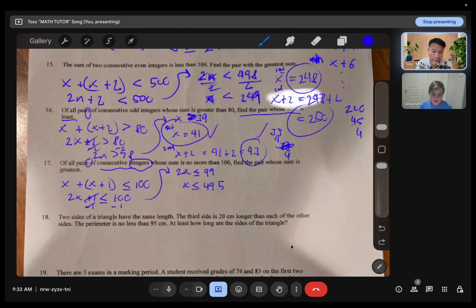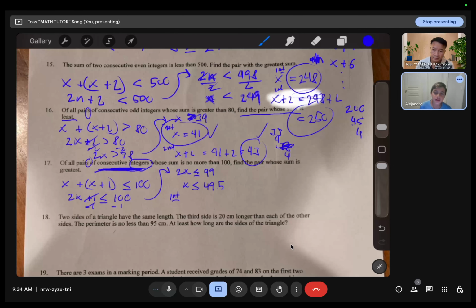We cannot use 49.5, even though we got the bar. Had it not been a decimal, we'd keep it. What do you want to use for this first one? Less than 49.5, but it's going to have to be an integer, consecutive integer. I think with consecutive, you can start at anything, right? You don't have to worry. So what do you think?